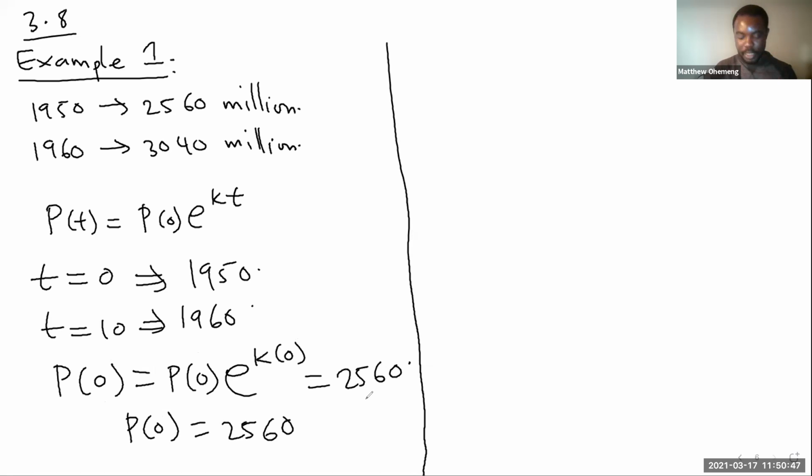So that means I have 2560 e to the KT. Next time on Friday, I'm going to continue to find K, with 3040 e to the K times 10, in millions. So next time on Friday, I'll just continue from here, solve for K, and then we will wrap up the other examples.